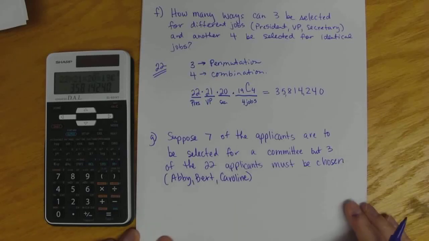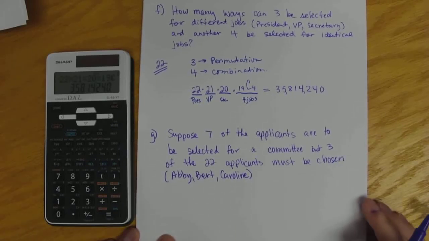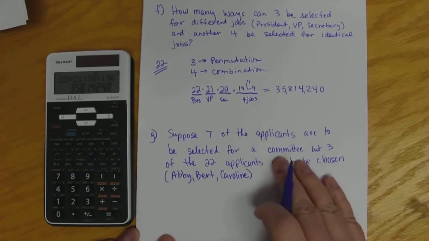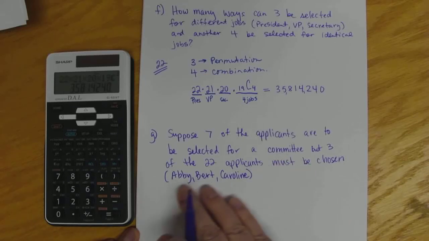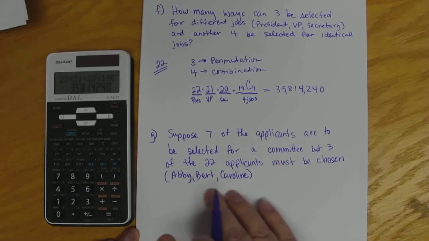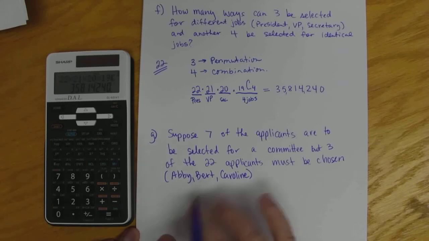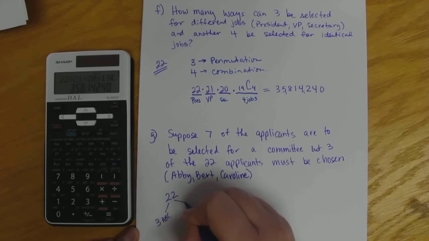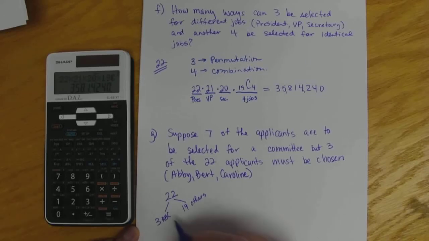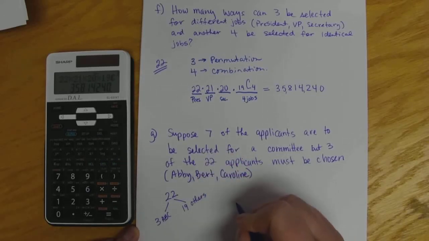So how would we do that? So it's a committee, so they're all getting the same job, but we're separating them. Instead of men and women, we're separating them. We need all 3 of these. So let's look at it this way. There's 22 people, 3 are A, B, and C. We want all 3 of those. And then out of the 19 others, we would want 4 because there's 7 positions altogether.